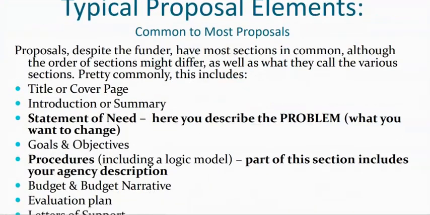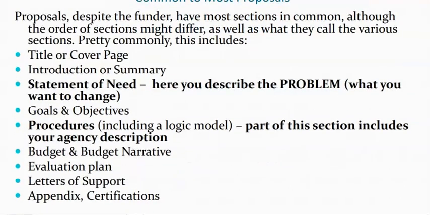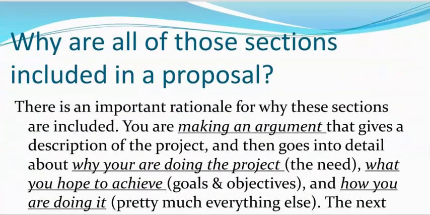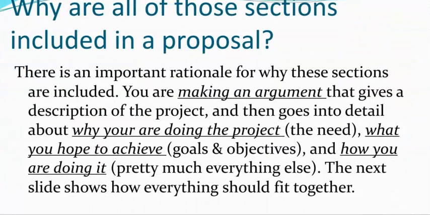So, typical proposal elements: title or cover page, introduction or summary, statement of need. Again, here you describe the problem, goals and objectives, procedures or methods. Part of this section includes your agency description, your budget and budget narrative, your evaluation plan, and letters of support and other appendices as required.